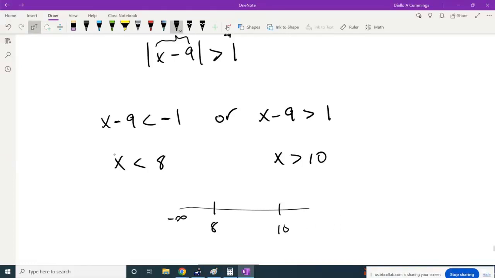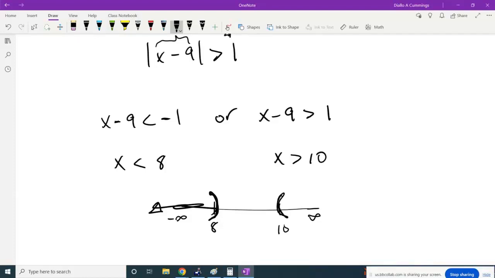I'm going to put negative infinity to the left, positive infinity to the right. So x is less than 8. So at 8, I'm going to have a parenthesis that faces the left. My line is going to extend to the left. I'm going to grab x is greater than 10.